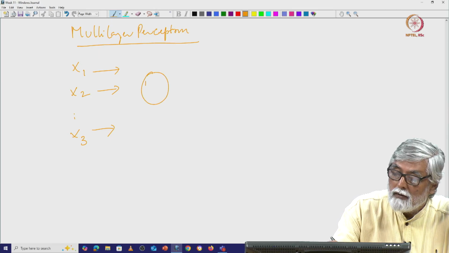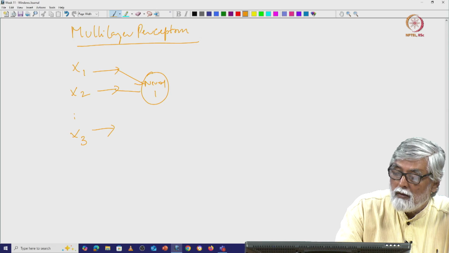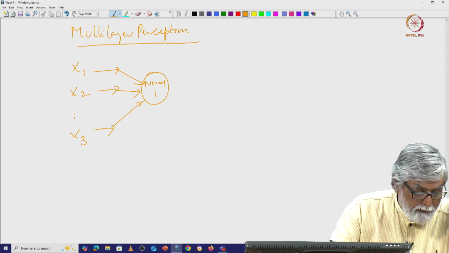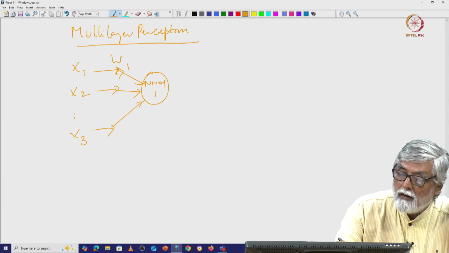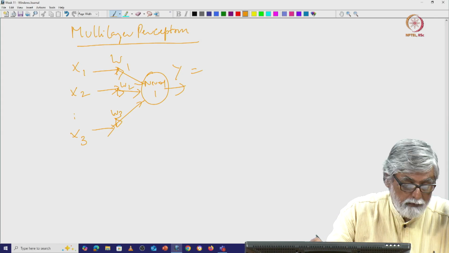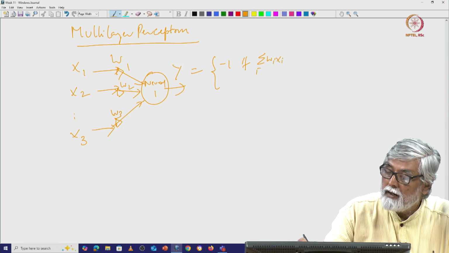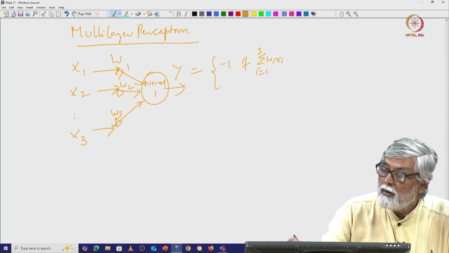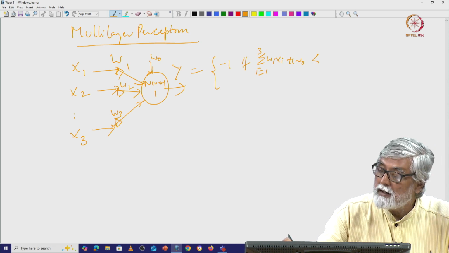They are connected to neuron 1 by weights W1, W2, W3, it produces an output Y which is equal to -1 if sigma Wi xi, i equal to 1 to 3, plus W naught, which is a bias term, is less than or equal to 0, and equal to +1 if this is greater than 0.